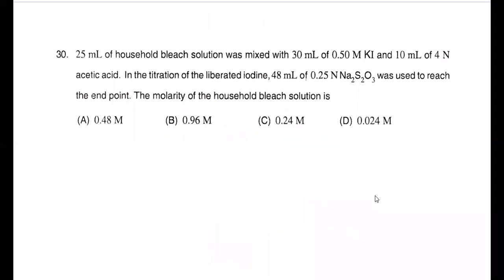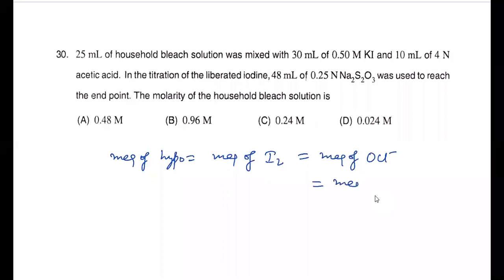So the process here is: milliequivalents of hypo will be equal to milliequivalents of iodine, which is equal to milliequivalents of bleaching powder, or better to say hypochlorite ion, which is the same as milliequivalents of bleach. This is the process.